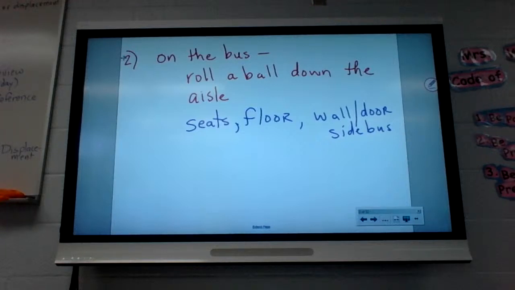All right. In the frame of reference examples that I have here, I want you to figure out what the frame of reference is in each of the A through G examples.